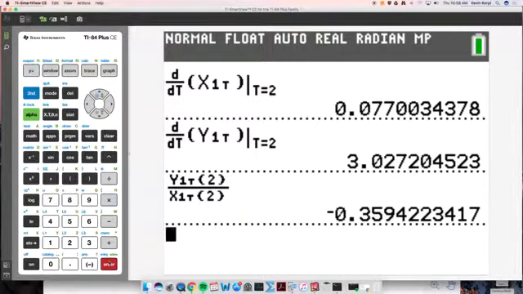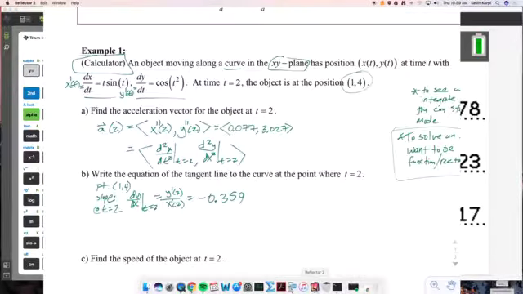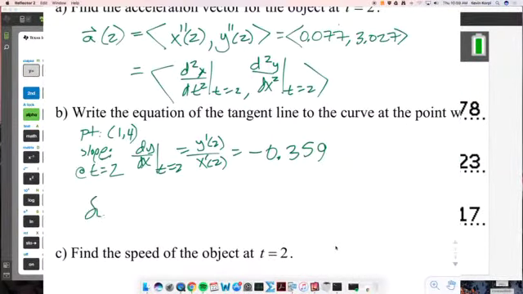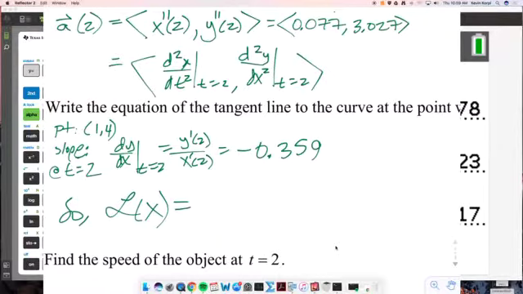And again, if you think that you might need to use that number ever again, store it. Call it C. We've already used possibly A and B. But that's a 3 decimal thing, so I think we're ready to answer the question now. L of x, I'll just get in the habit now of calling the tangent line L of x. It's going to be the y value of 4 plus the slope, which is minus 0.359 times x minus 1.